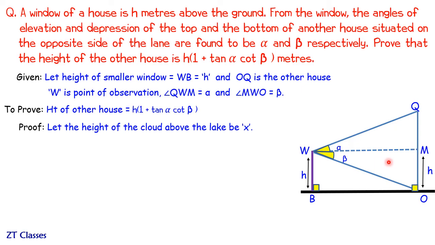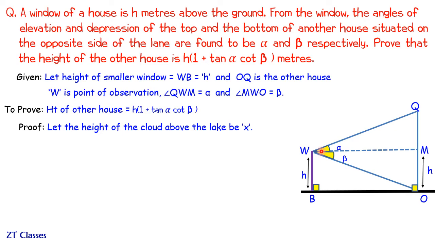So using this triangle first, we'll find out what is the value of WM in terms of h and beta. Once we have got WM with us, we'll use this triangle and we'll get the value of QM in terms of alpha and WM. So once you have got QM, we'll add h into it to get the value of QO.